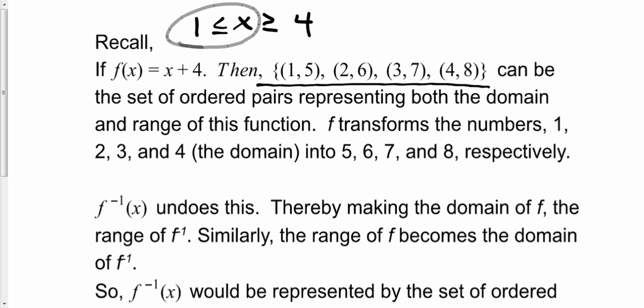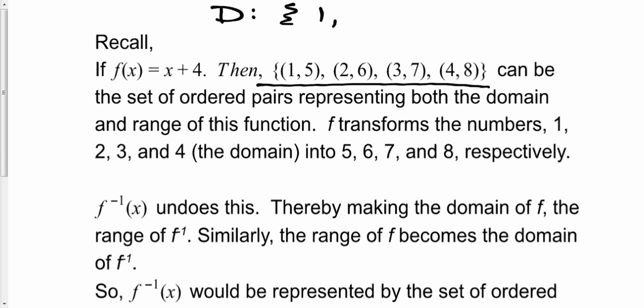No. But this domain is very specific. There is only a small domain and range to this. The domain of this function is 1, 2, 3, 4. Because the whole function covers these 4 ordered pairs.